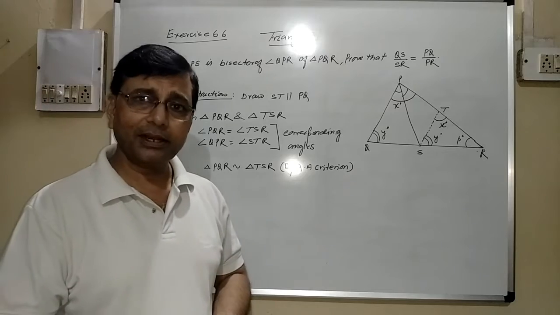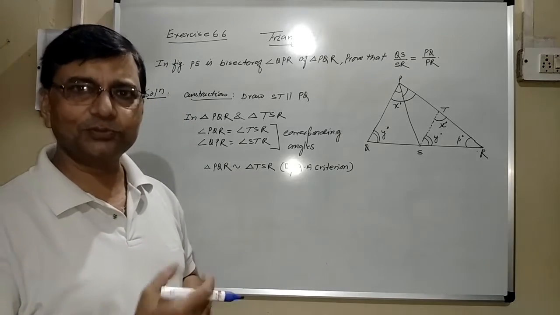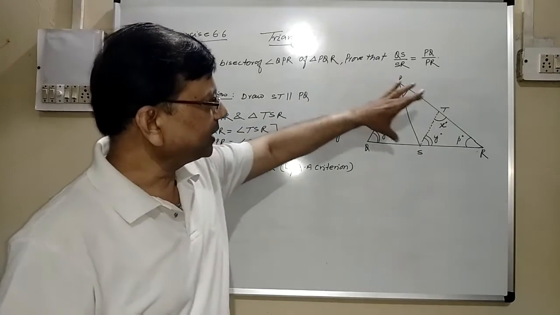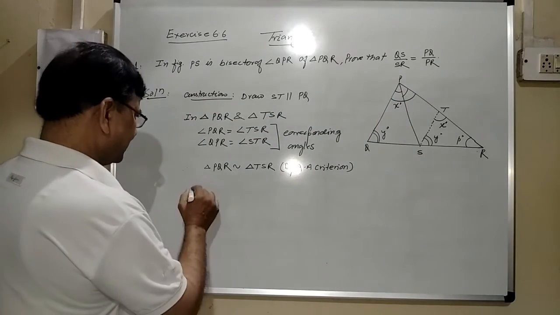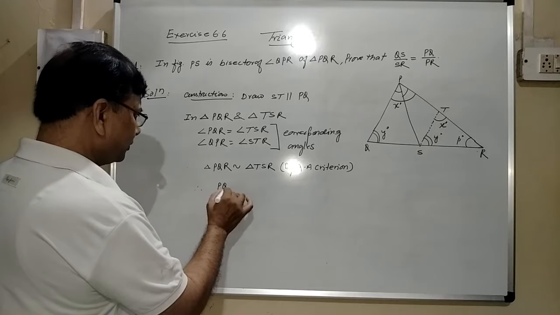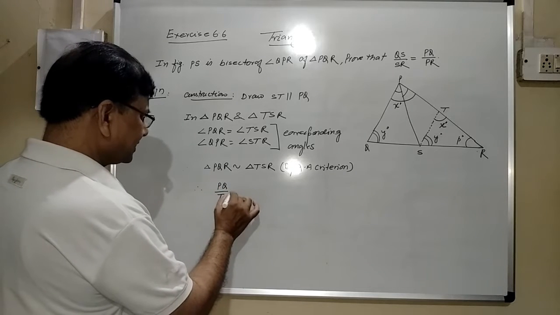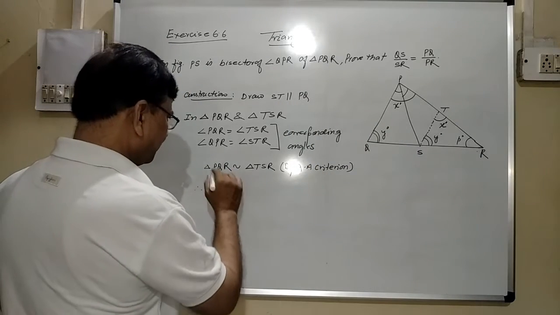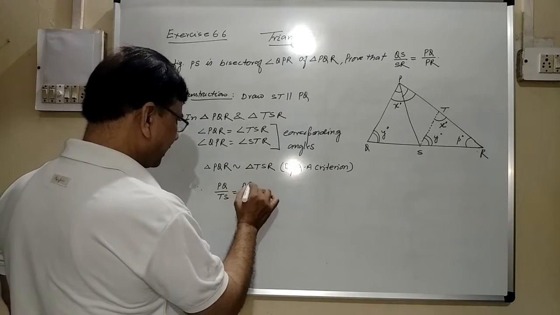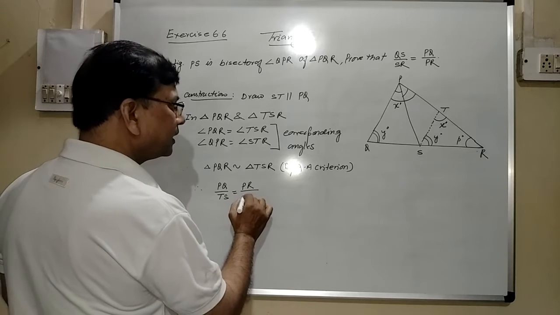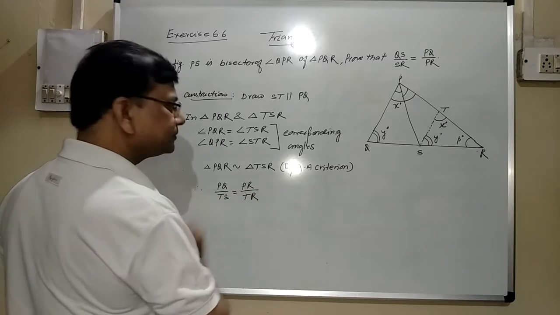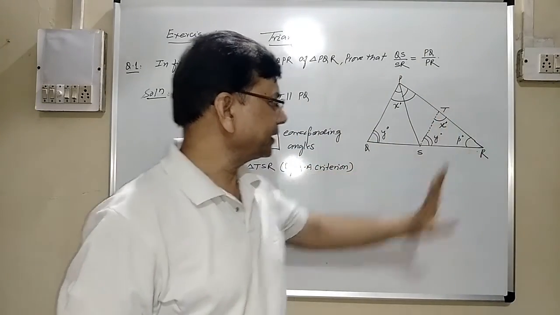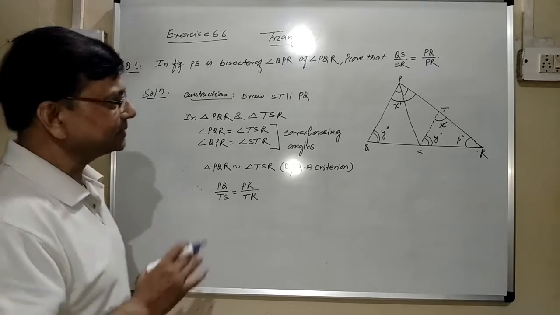Since the triangles are similar, the ratio of the corresponding sides will also be equal. So we look at the correspondence. PQ corresponds to TS. Therefore, PQ upon TS is equal to PR upon TR. This relation we got.